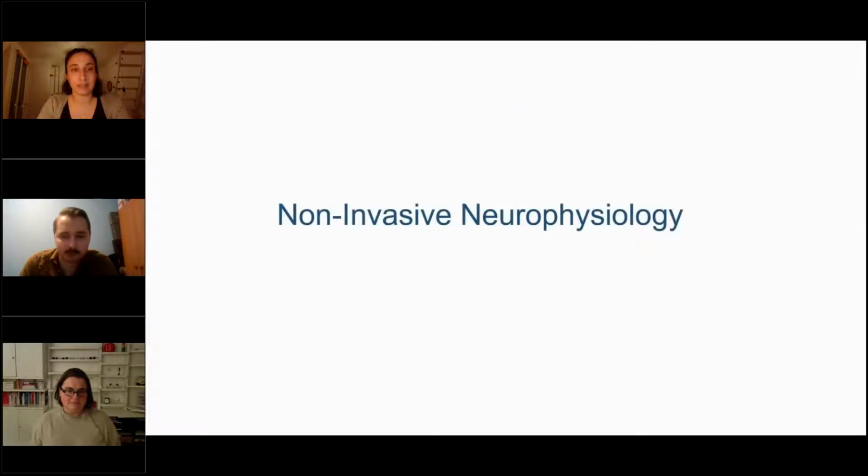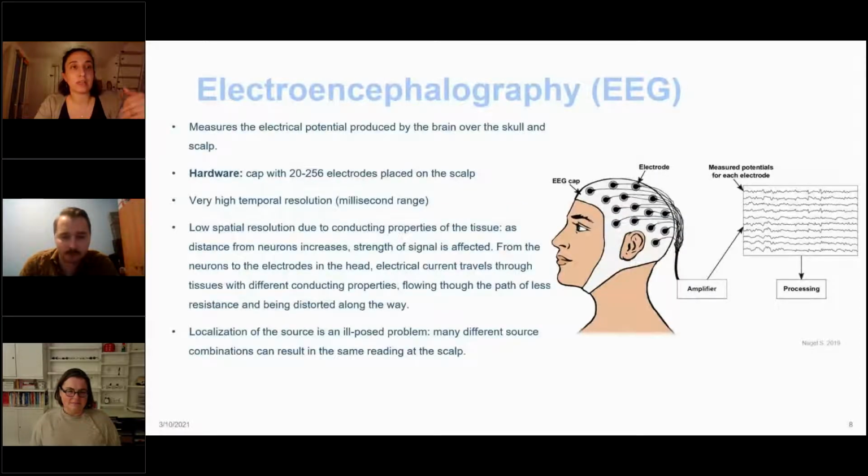And I'm gonna pass to our first section of neuroimaging techniques. I'm gonna start from non-invasive neurophysiology, which is basically measuring the brain activity directly. We are actually concerned about the electrical activity of the brain.